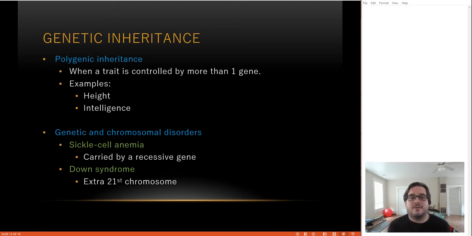Sickle cell is also funny in that there is some amount of expression that can happen of the recessive gene even if there is a dominant gene. So this is not a perfect example of dominant recessive.